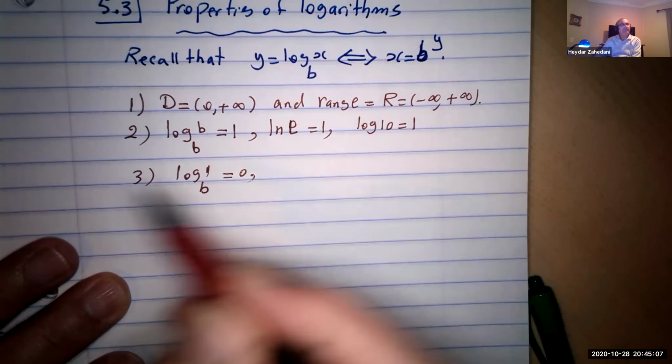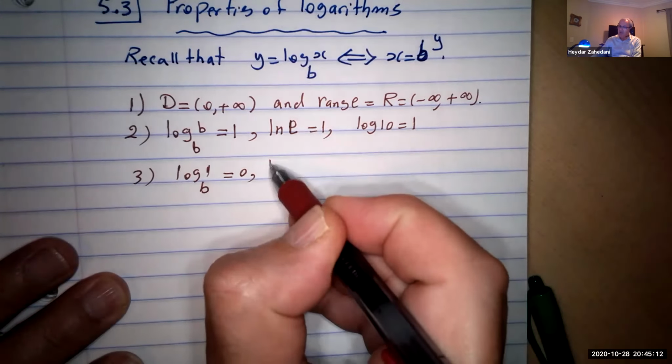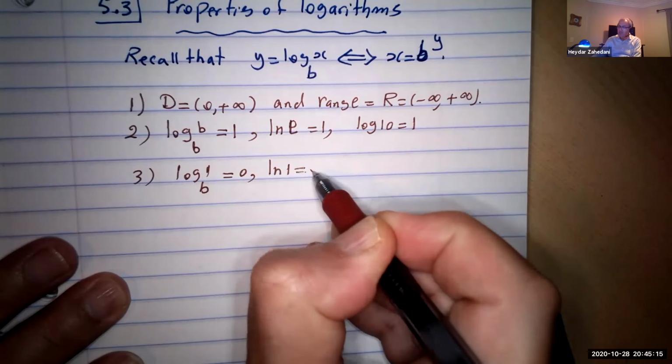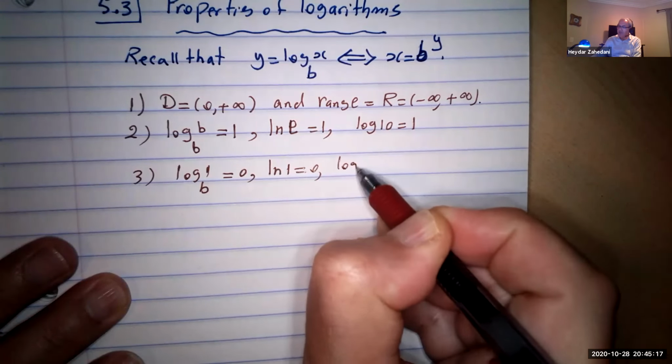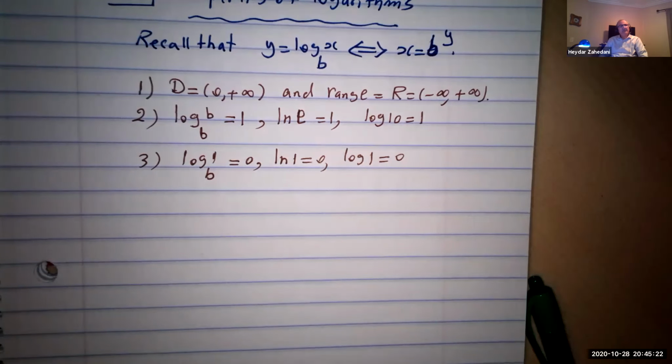Very useful. Ln of 1 is equal to 0, and the log of 1 is equal to 0. These are some easy points, but so useful to get. Anything else, use your calculator. If you want to find the log of 2, ln of 2, ln of 3, we just use a calculator. But these are the ones that we call exact values. So that's the first, second, and third.